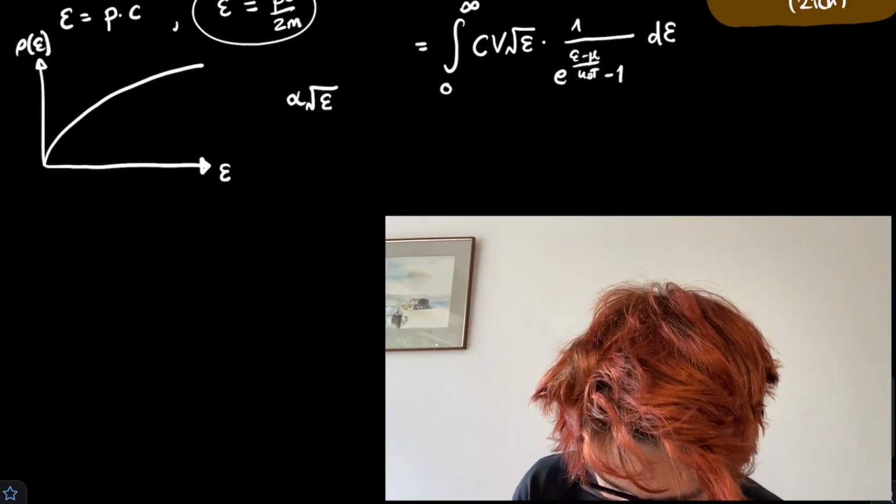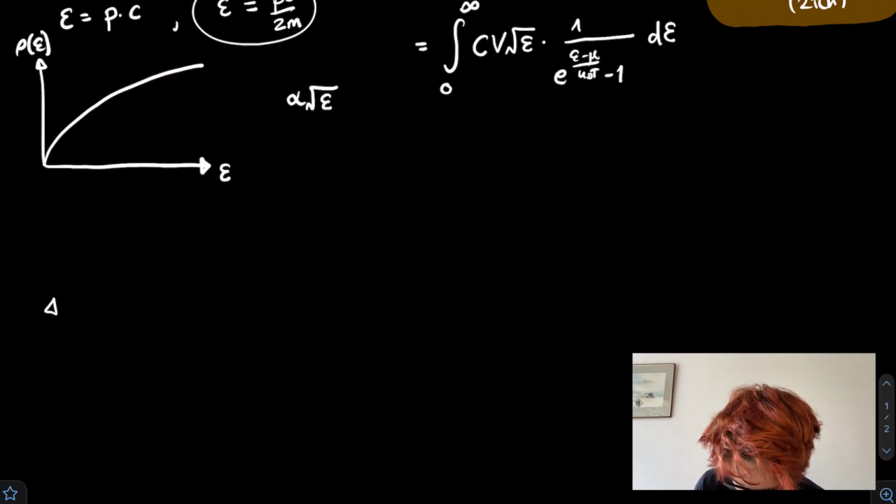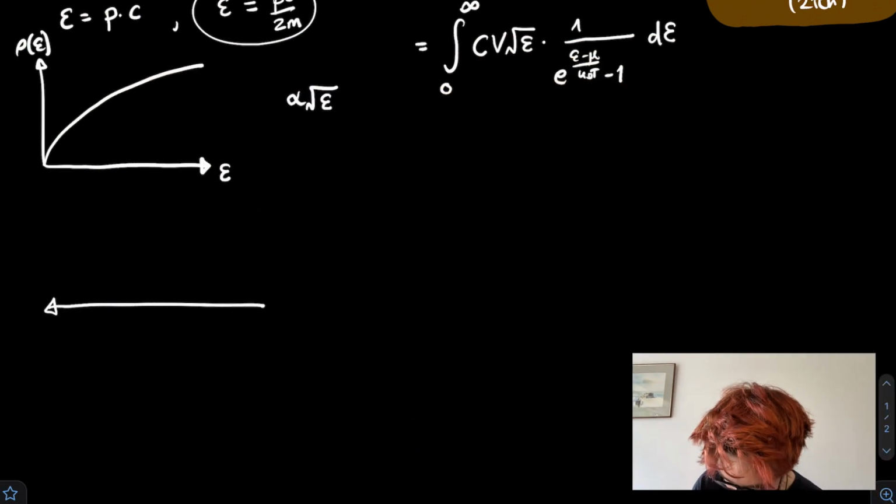So we are going to consider the case where the chemical potential becomes asymptotically close to zero. Let me draw a graph of this real quick to show you what I mean. Chemical potential, which of course we said was negative, so I'm going to draw a kind of reversed axis right here.